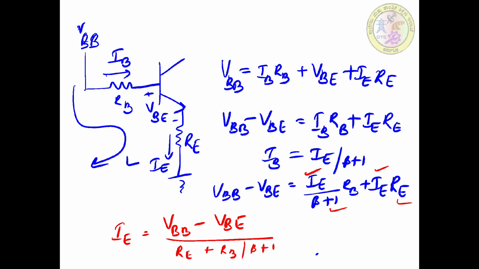This is our emitter current equation. For this biasing circuit arrangement, our emitter current can be calculated using this expression.